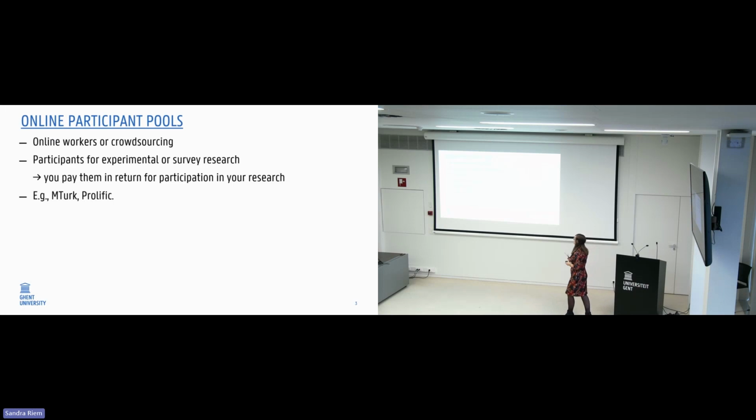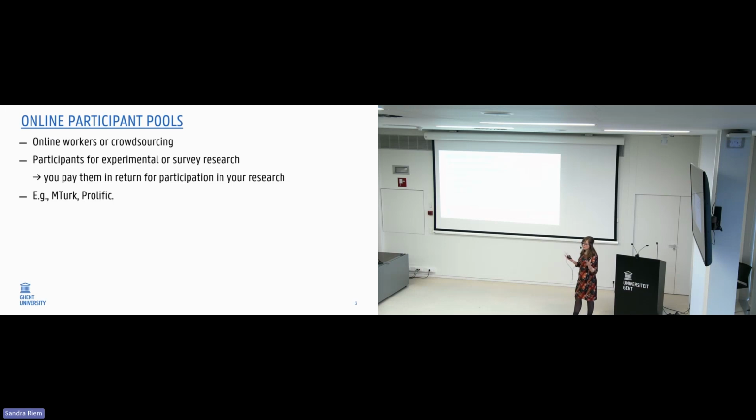So online participant pools, what is it? For a survey or a lab experiment, you need participants. Instead of bringing them to the lab or going with your survey to a particular group of people to collect data, you run it online and you rely on online workers, also called crowdsourcing.